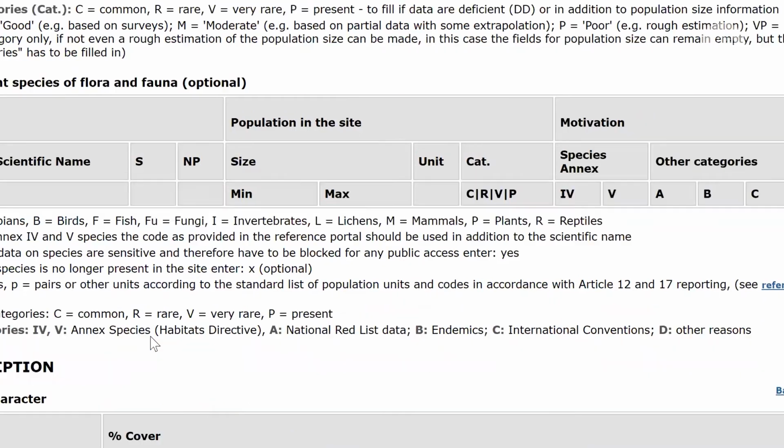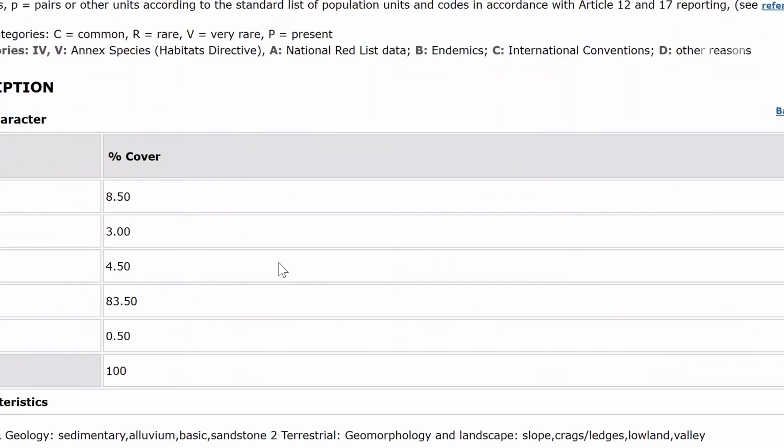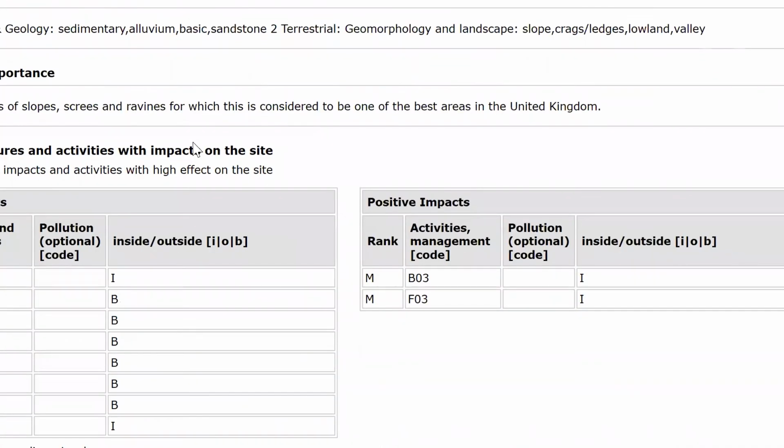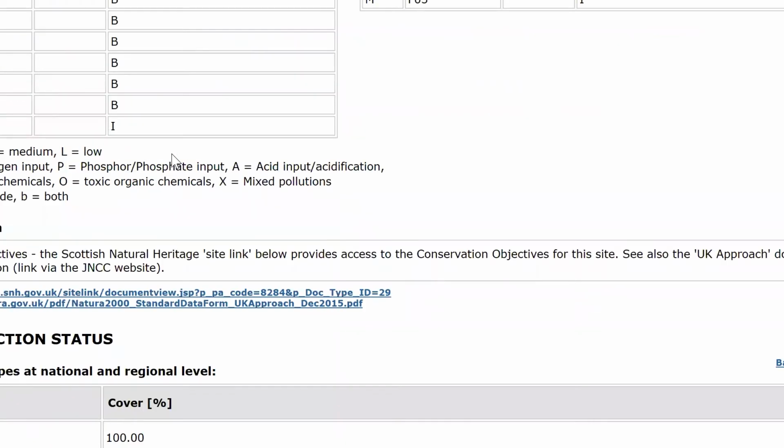It then gives a coding for the importance of these species, the habitat character, and some of the threats and pressures impacting on that site. There's usually an additional form lower in the sheet, which I can download, that gives the full explanation of all these different codings.